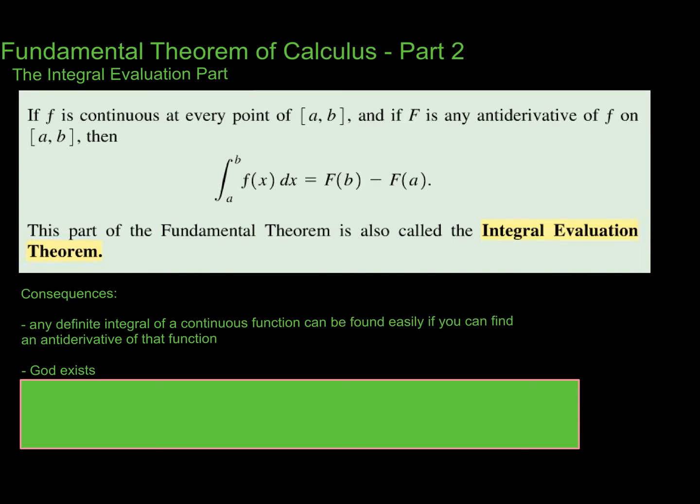And all of a sudden, you notice this pattern with respect to the antiderivative of this continuous function. And in fact, you're able to prove that this is the case, that any antiderivative of our function, lowercase f, evaluated at the upper limit minus this antiderivative evaluated at the lower limit will give you not just an approximation, but the exact value of this definite integral.